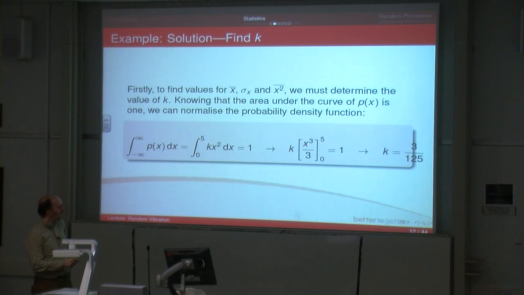You stick in 0, you get 0. You stick in 5, 5 times 5 is 25, 5 times 5 is 125. And so you get k times 125 divided by 3 equals 1, therefore k must be 3 divided by 125. So that's just working out what k is, and we need that for the next step.